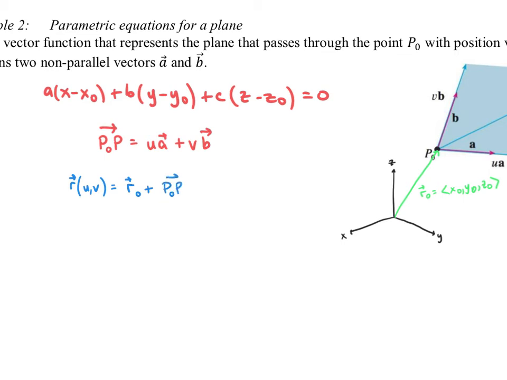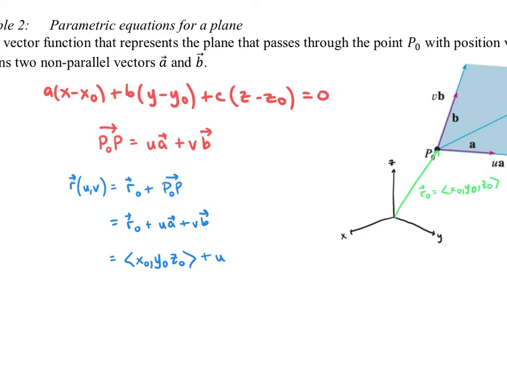We're adding this particular vector that we just formed in order to land on any given point that we want. Because remember, p sub naught doesn't vary, but the point p does. I'm just going to rewrite that as r sub naught plus, instead of p sub naught p, u times a and v times b. And I'm going to put this into component form. So r sub naught is x sub naught, y sub naught, z sub naught.